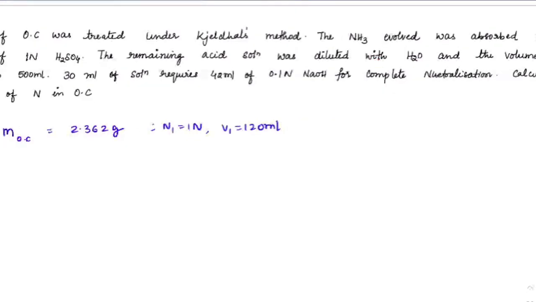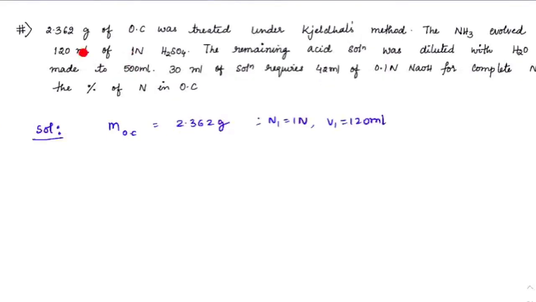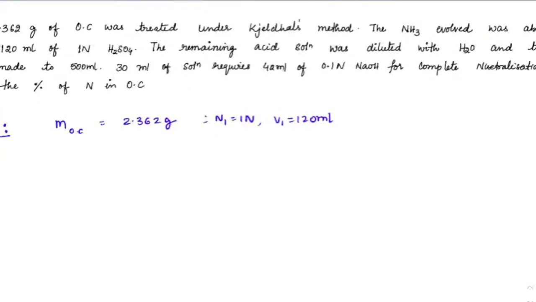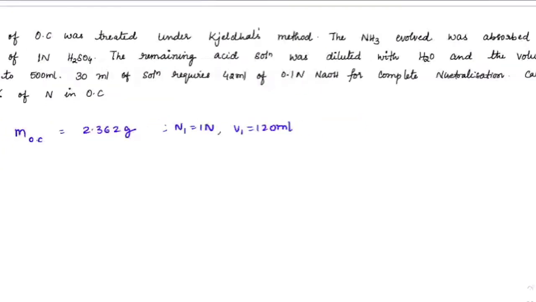Then the remaining acid was diluted with H2O and the volume was made to 500 ml, which means out of this 120 ml of 1 normal H2SO4, some amount was utilized, the rest was diluted, and then that was titrated with NaOH.